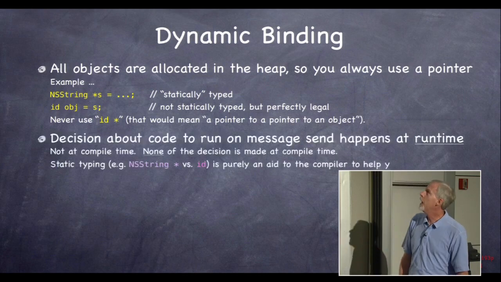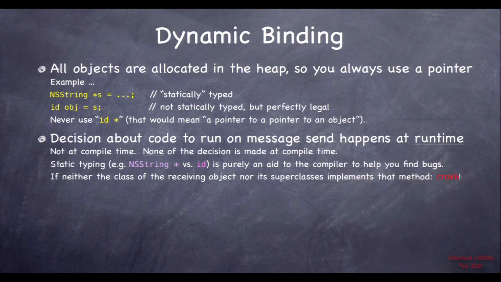But anyway, the decision about what code gets executed is happening entirely at runtime, okay? You can imagine, because it's true, that open square bracket, pointer to an object, method gets turned by the compiler into a C function. Let's call it objc_msgSend. And objc_msgSend has a first argument, which is a pointer to an object, a second argument, which is a message descriptor, basically, and then the rest of the arguments are the same as your method.